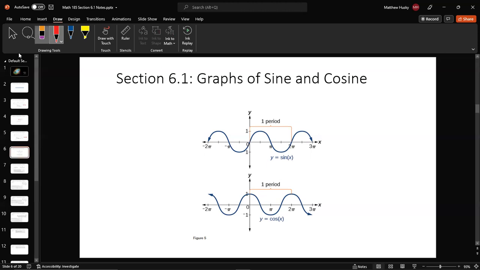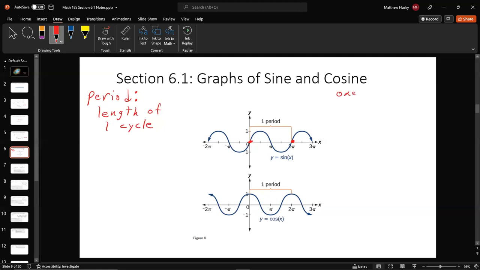So the first feature of the graph that we'll talk about is known as the period. This is the length of one cycle. There's a couple ways you can think about it. For the sine graph, it's from 0 to 2 pi, and it's basically one hill together with one valley. That's one way to think of it.